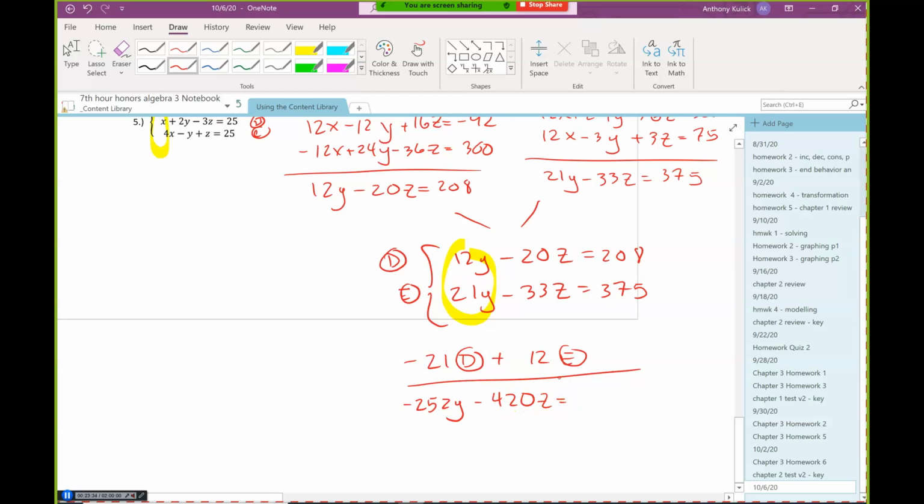And then 21 times 208, yuckarooski, I'm doing that in the calculator, 4368. And then 21 times 12 is 252. 12 times 33, 396. And then 12 times 375 is 4,500.